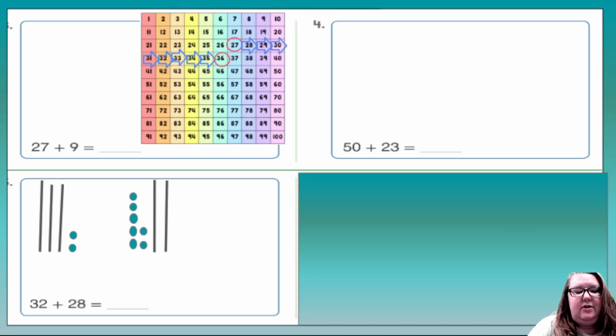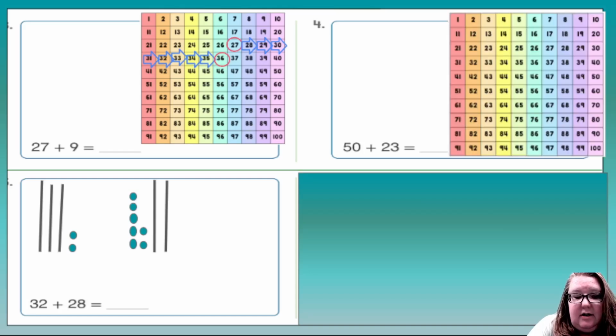Now we're going to use another strategy to add multi-digit numbers in tens. We're going to use a 100 chart again. Here's our 100 chart. But this time, instead of starting with the largest number, we're going to start with 23 because it is easier to count on tens this way. So we'll start at the number 23.